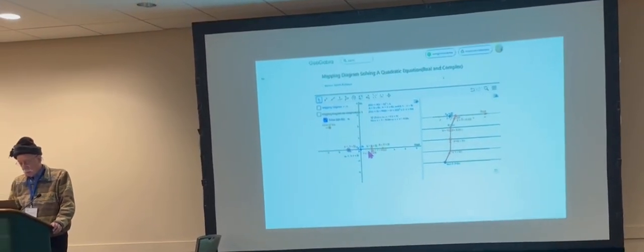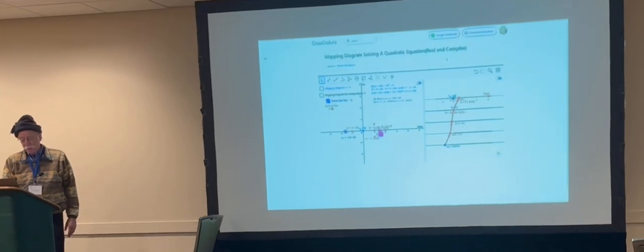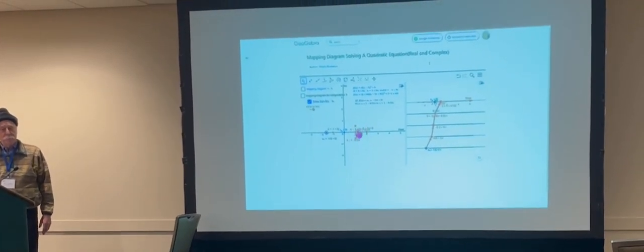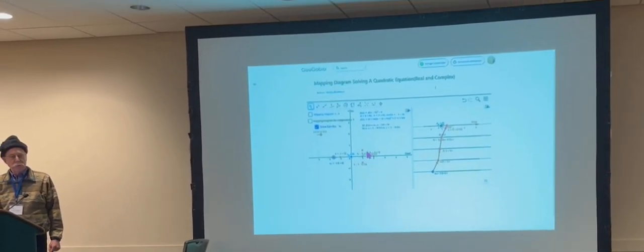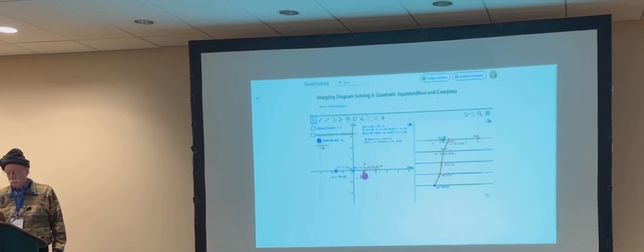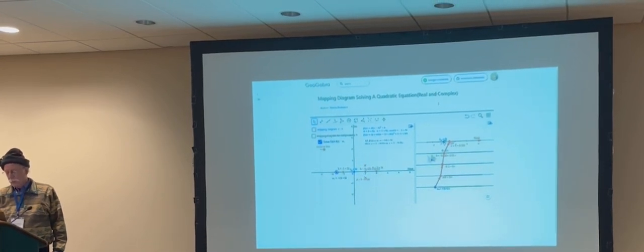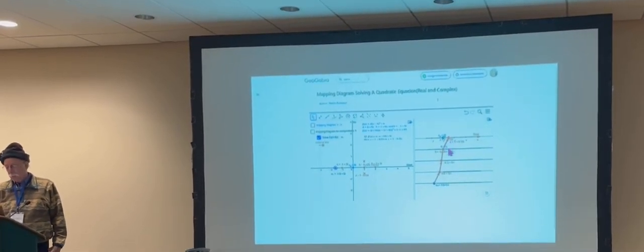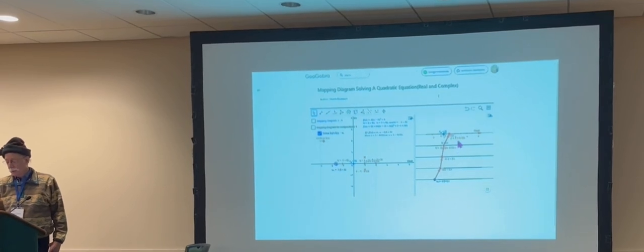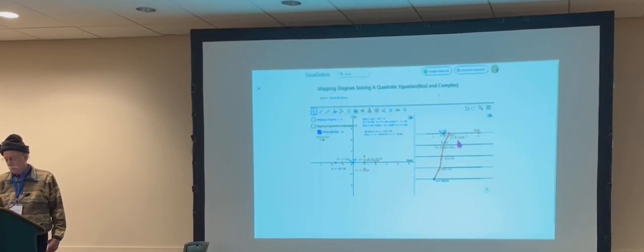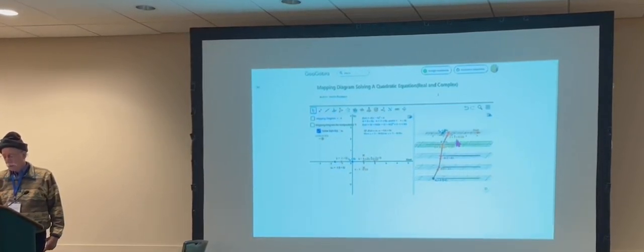Wait a second, and you see over here, it's gone into the complex plane. So we see the solutions over here are turning out to be complex numbers. But we don't see them over here, although it says they're there. And the reason we can't see it here is because we're not seeing the whole picture.